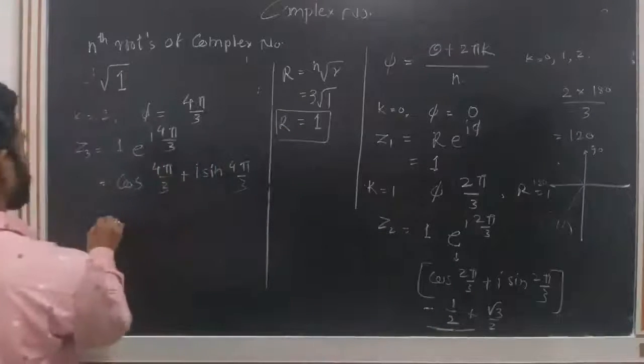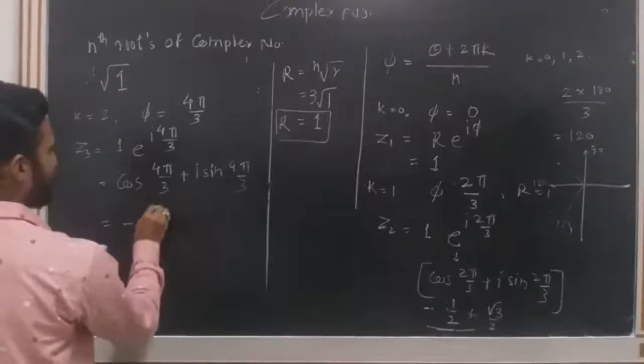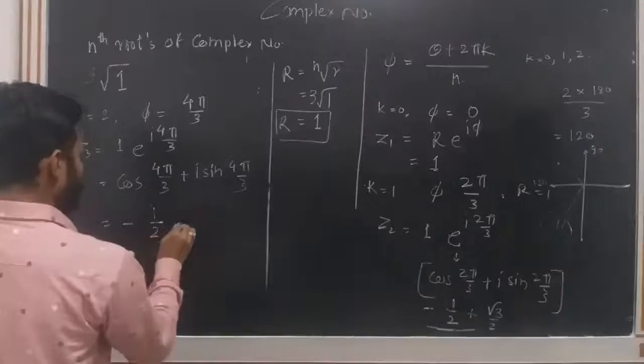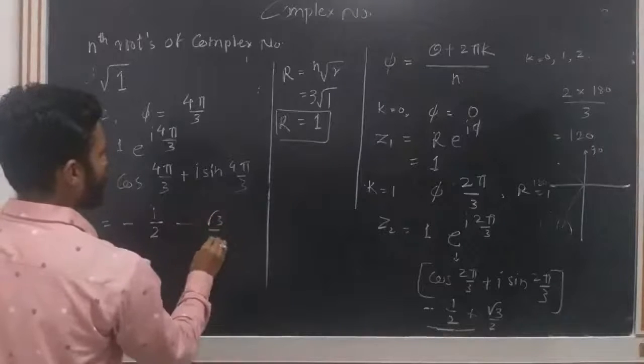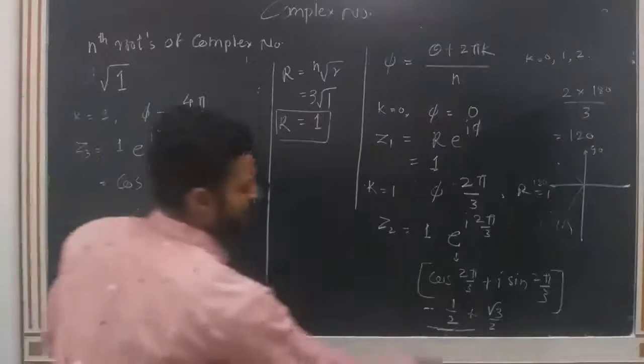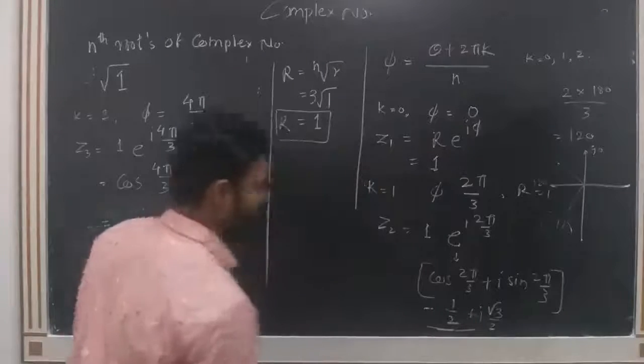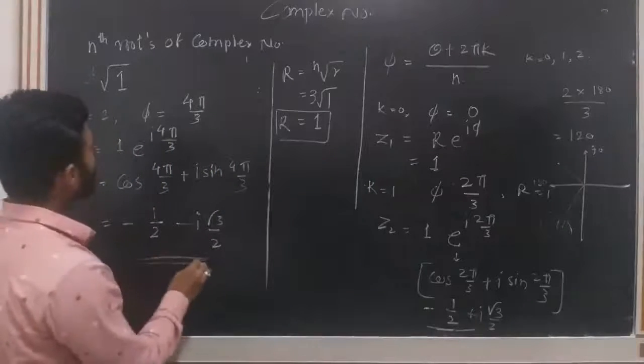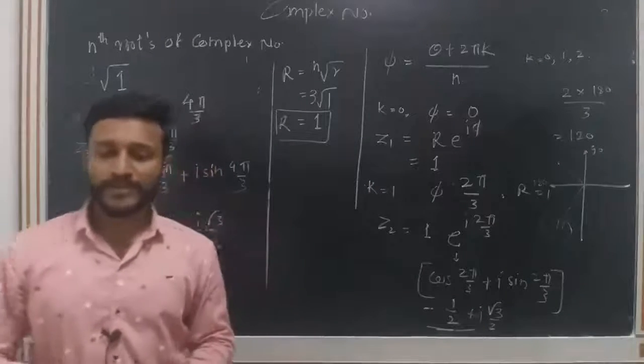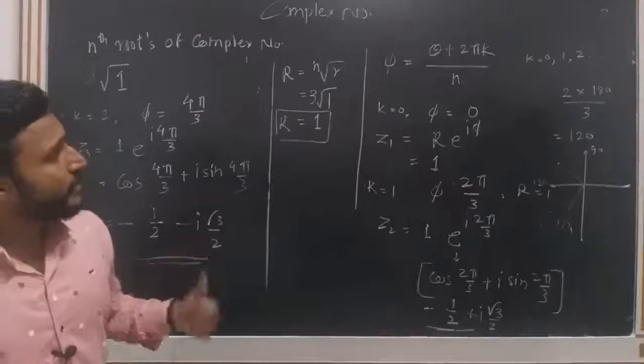So therefore both values are negative. Cos 4 pi by 3 is minus 1 by 2, minus root 3 by 2 I. Don't forget this I. So these are the 3 roots of the given complex number. I hope it is clear.